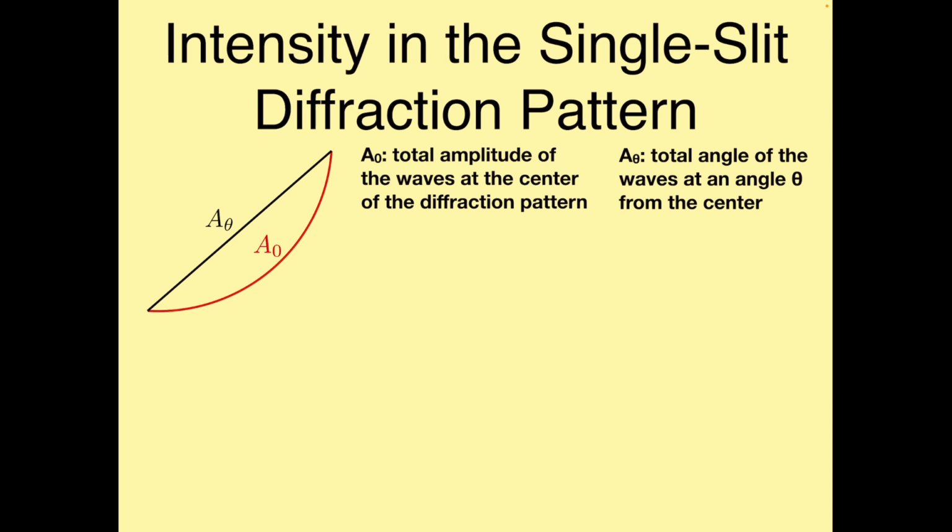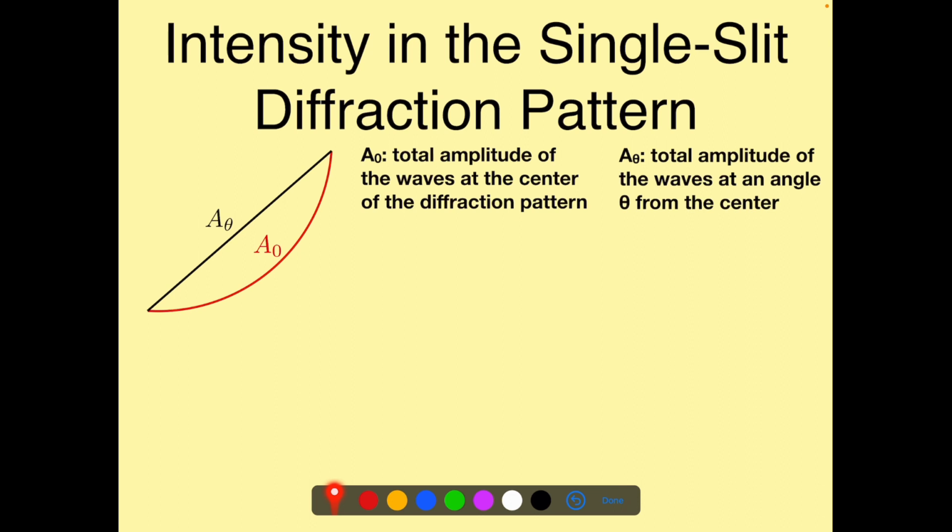Now let's derive a new equation, which describes the intensity in this single-slit diffraction pattern. And so remember, this is what the phasor diagram will look like, generally speaking. Each phasor is an arrow representing a wave coming out of a certain point on the slit.